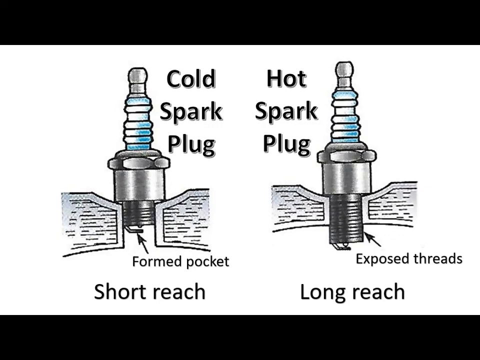If the spark plug reach is longer than specified, the spark plug extends too far into the combustion chamber. Under this condition, the piston may strike the spark plug electrodes, resulting in severe piston damage. If the spark plug reach is too short, the electrodes are not positioned properly in the combustion chamber. This may result in improper combustion.